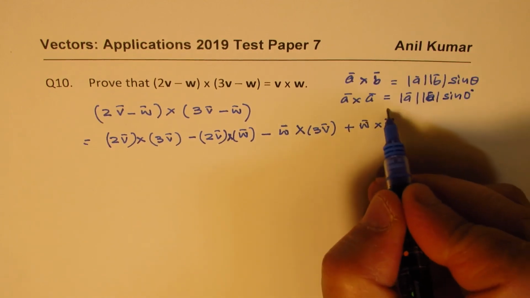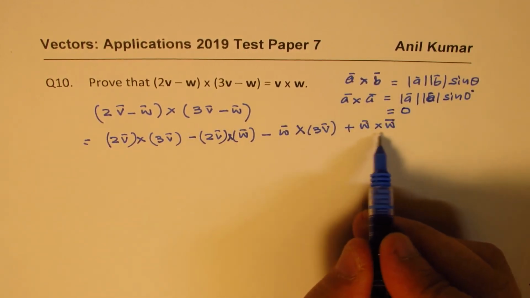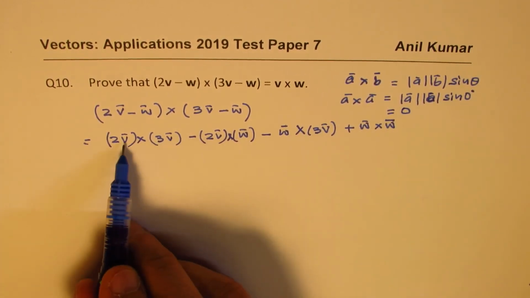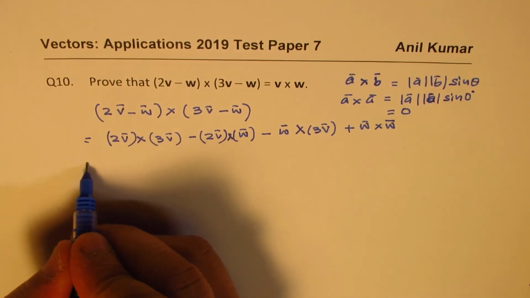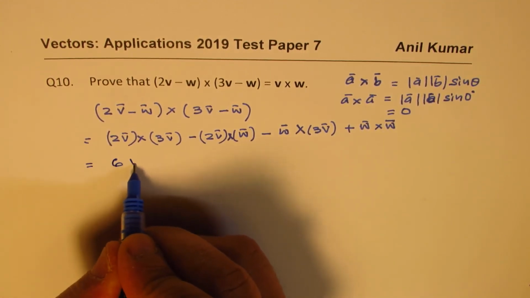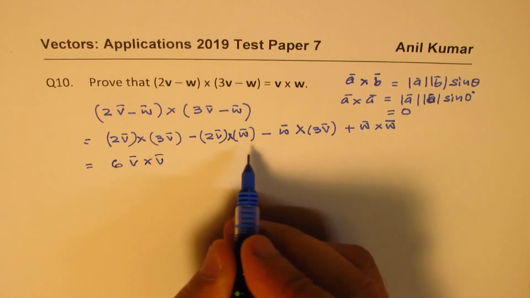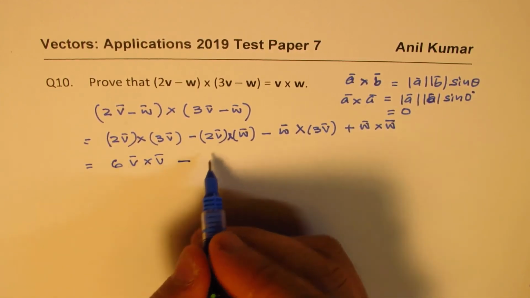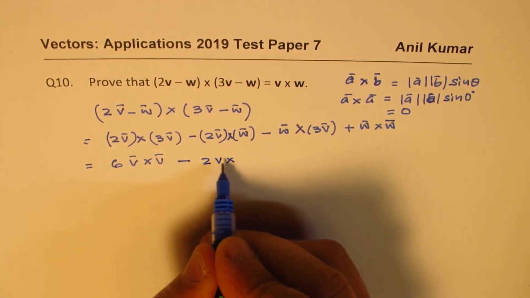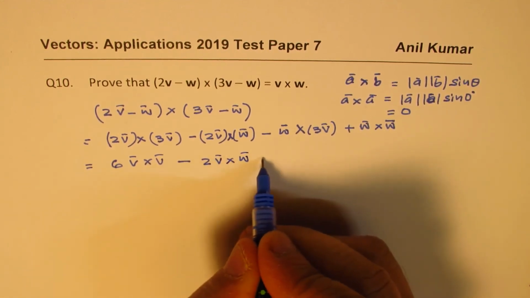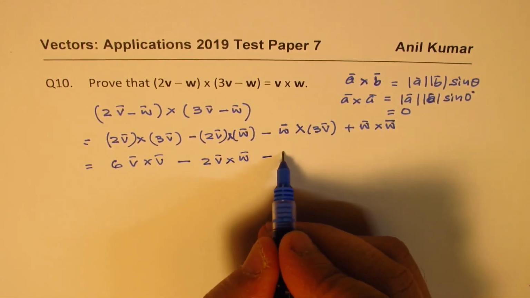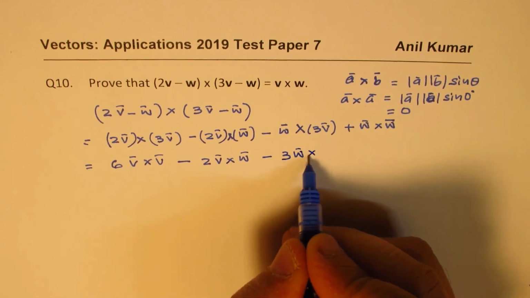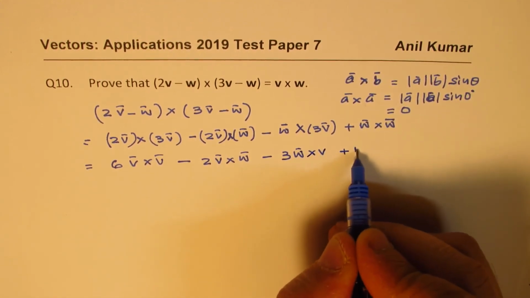So that is going to be 0. And here also we are doing v cross v. So let me go one more step here. We get 6 v cross v, minus 2 v cross w, minus 3 w cross v, and w cross w.